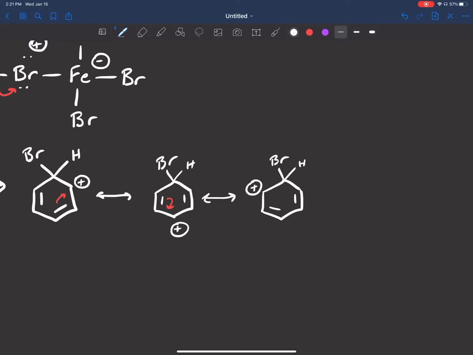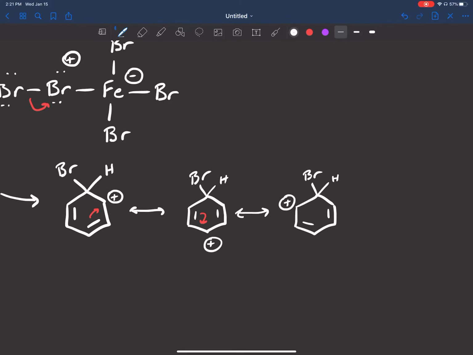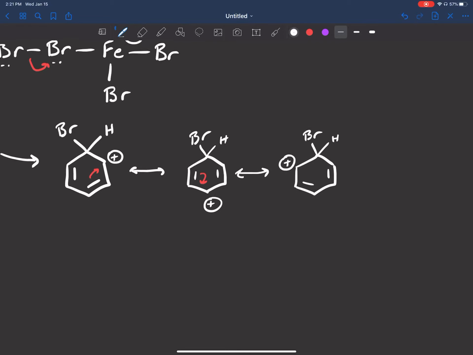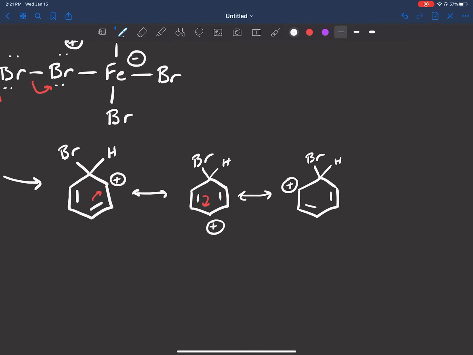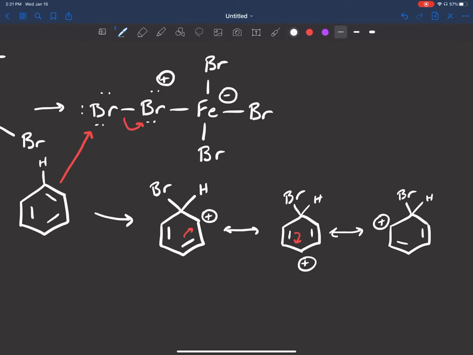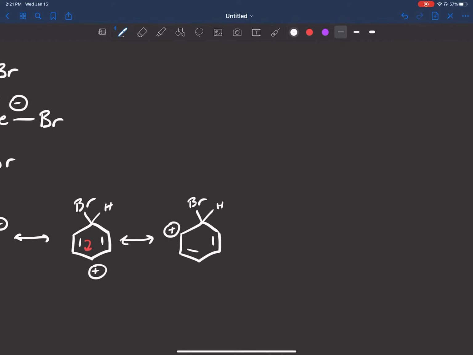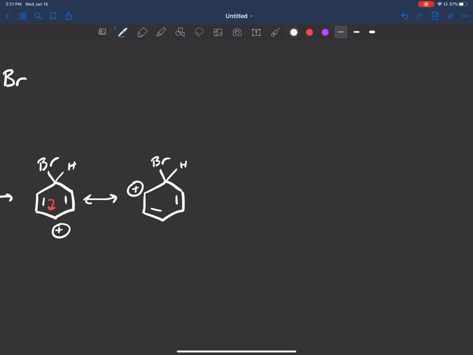All right. And you may think, what does this matter? Why resonate around anyway? It's going to come into play in the future, when we're talking about how we can do these reactions, but with substituents already on it. Right? So that'll come later.